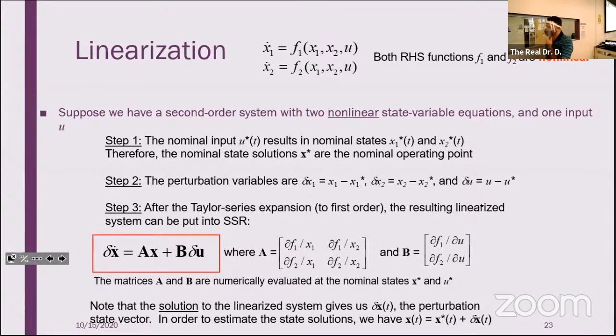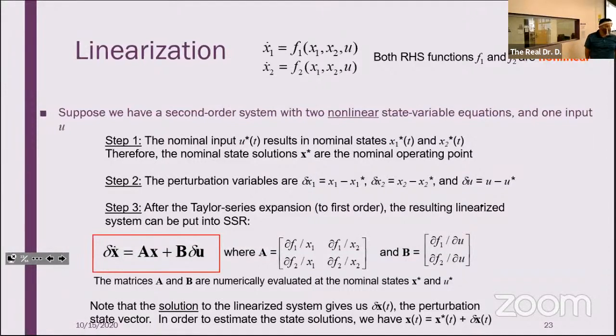So I've got two first order differential equations that are both nonlinear. What do we do? Well, I find my nominal points, and I do the same thing for steps 1 and 2: take my perturbation variables and plug them in. And then I'm going to do my Taylor series expansion on each. It turns out that after the Taylor series expansion, the resulting linearized system can be put into state space representation, which now looks like this.